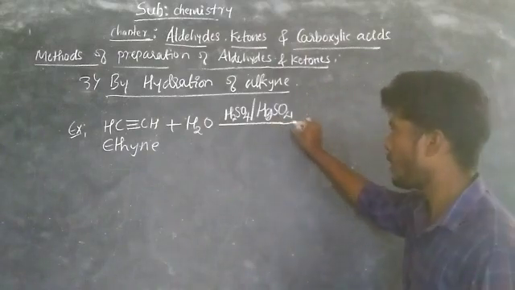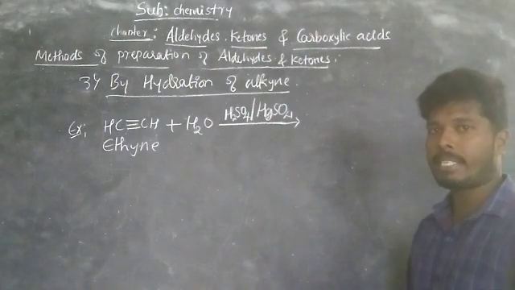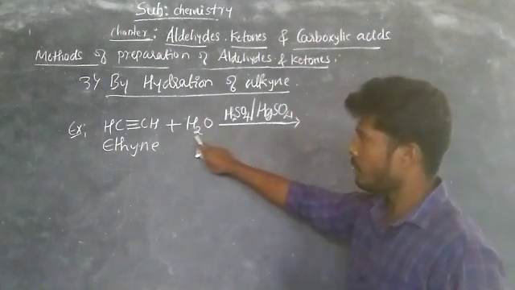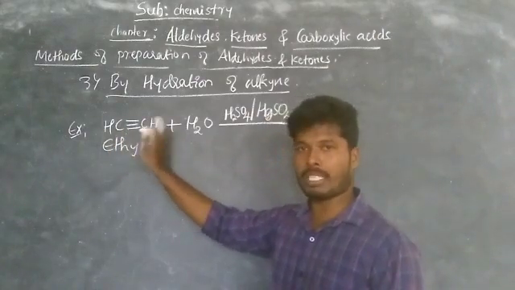Under this condition, this alkyne is directly converted to the respective aldehydes or ketones. Now observe, these two hydrogens are added to one carbon. Any one among these two, both are symmetrical.